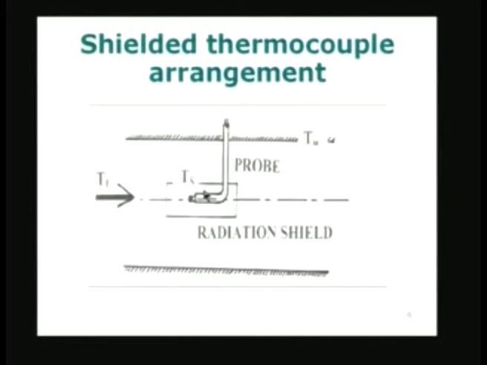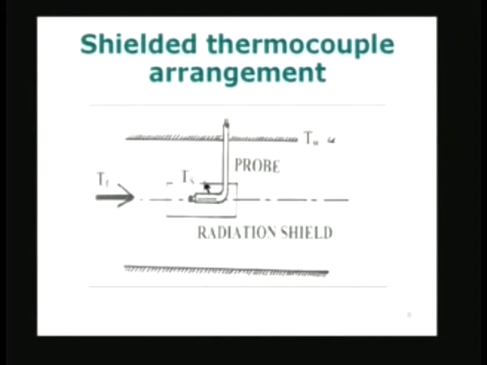Suppose the temperature is high enough that radiation is important, and if you remember, radiation is proportional to the fourth power of temperature. If I surround this probe with a shield, which is usually a metallic cylinder made of highly polished material so that it has a low emissivity, the probe is not in direct view of the wall.